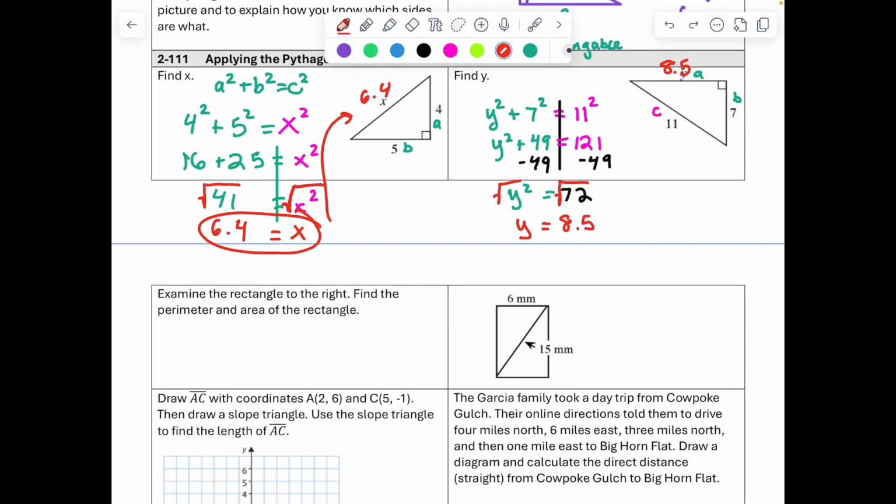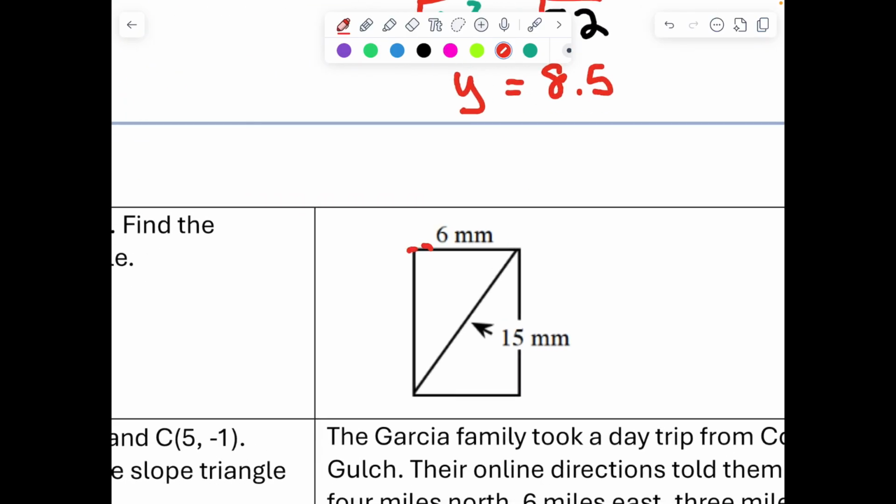All right, we're going to look at the rectangle to the right, find the perimeter and area, okay? They gave us 6 here, so that means the bottom is 6. But in order to find the area and perimeter, we need to know this set of sides, and we don't know that. But we are given this line that cuts through, okay?